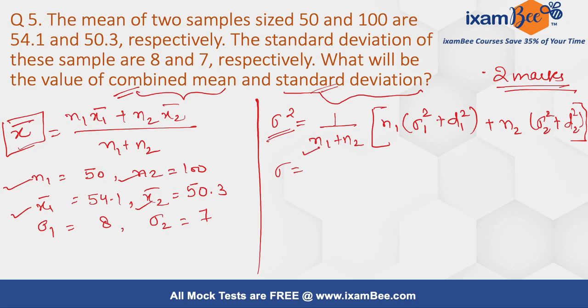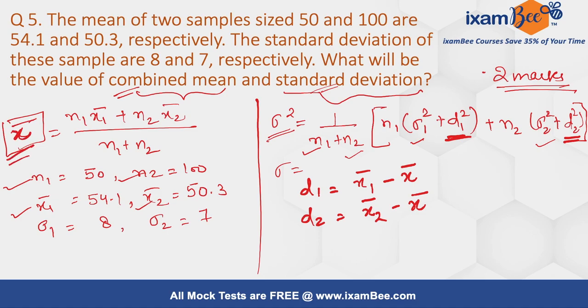Here you have the values for n1, n2 and sigma 1, sigma 2. But you have to find the values for d1 and d2. How to find them? d1 is the difference between the mean of the first series and the combined mean, and d2 is the difference of the second series mean from the combined mean. So once you find the combined mean, you can easily calculate d1 and d2. And using all these values and putting them into this formula, you can easily calculate the standard deviation.